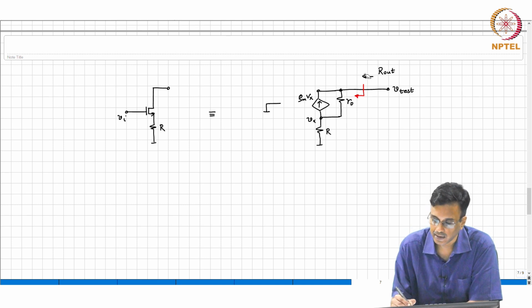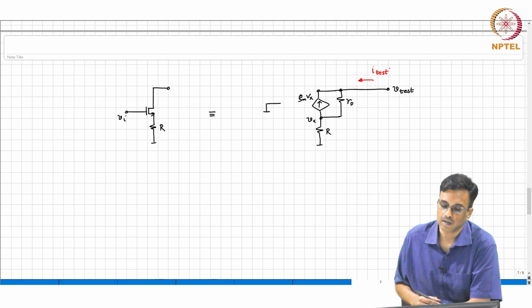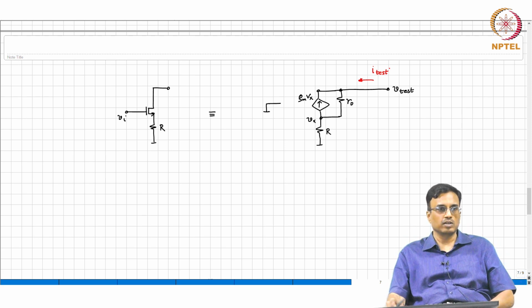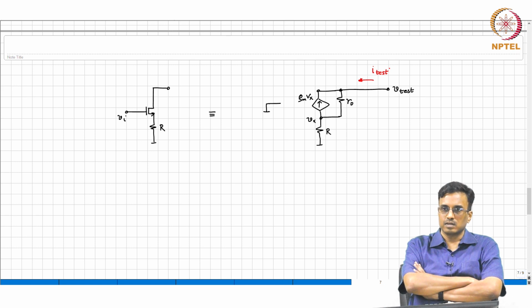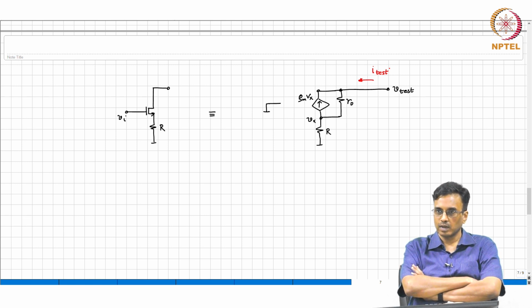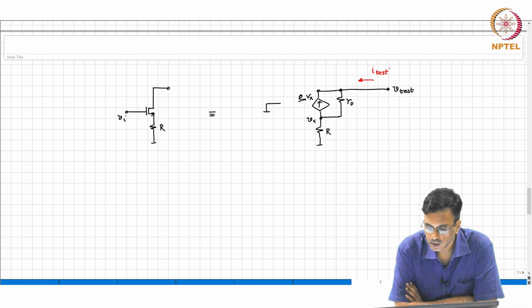The question is, what is I test? Okay, before we do the math, should I test be positive, or should it be 0? Should it be 0 or non-zero? Non-zero. Clearly now there's some connection between the drain and the source, right? So all right, what is the unknown that we need to find?